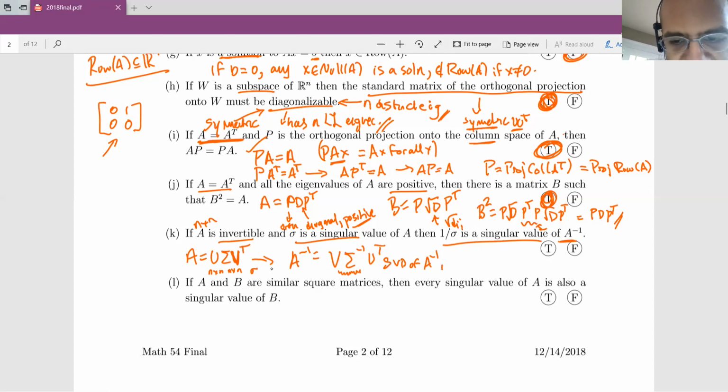The diagonal matrix here has 1 over sigmas. So this is true. Once you have the SVD, you can easily manipulate the matrix in many ways, and inversion is one of them. Squaring is not one of them. Computing the SVD of a square is not easy, unlike diagonalization. But inversion is.